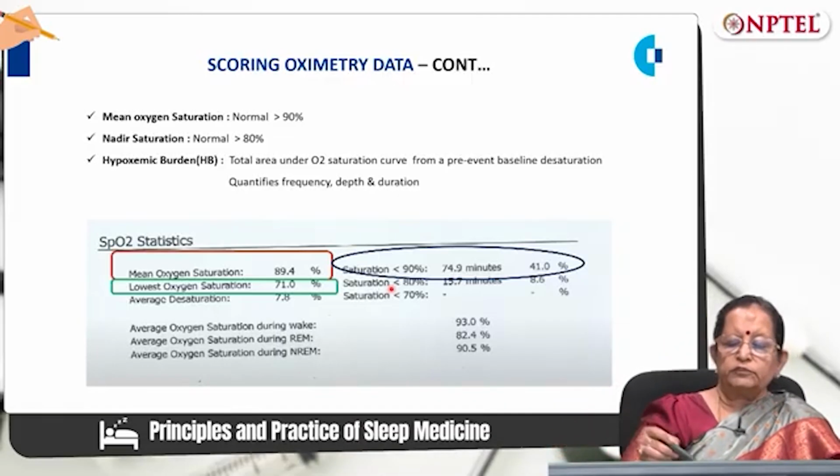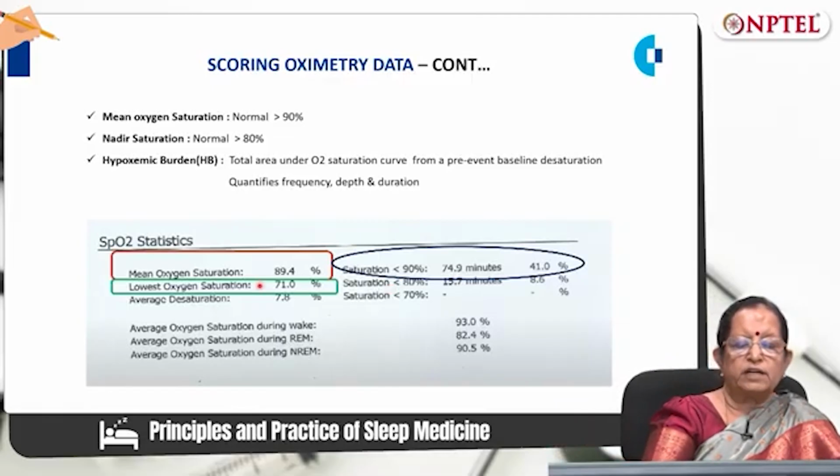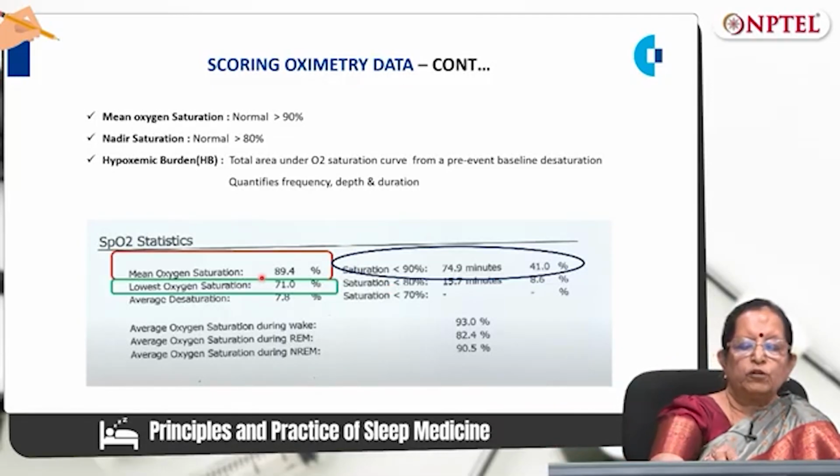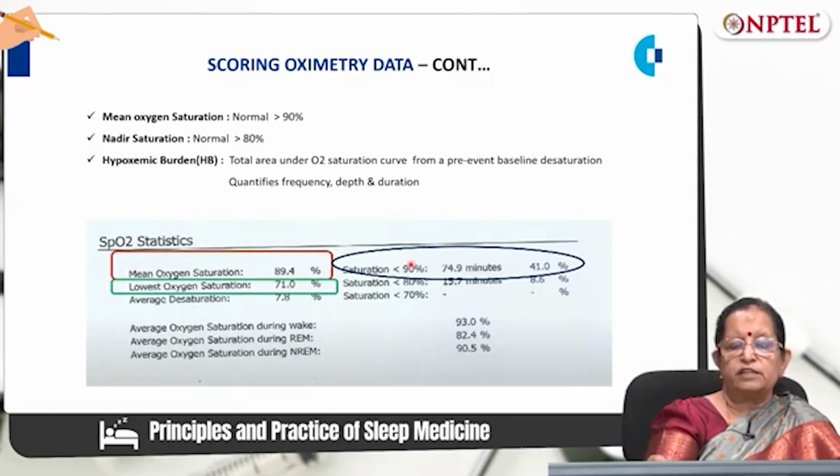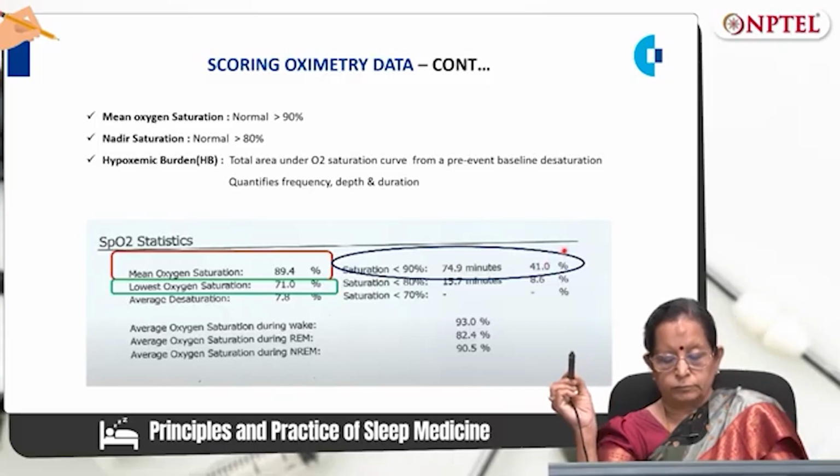Here also you can see mean oxygen saturation. I told you it should be more than 90%, here it is 89.4. Lowest oxygen saturation should be more than 80%, here it is 71%. Saturation less than 90% is for 74 minutes, that is 41%.